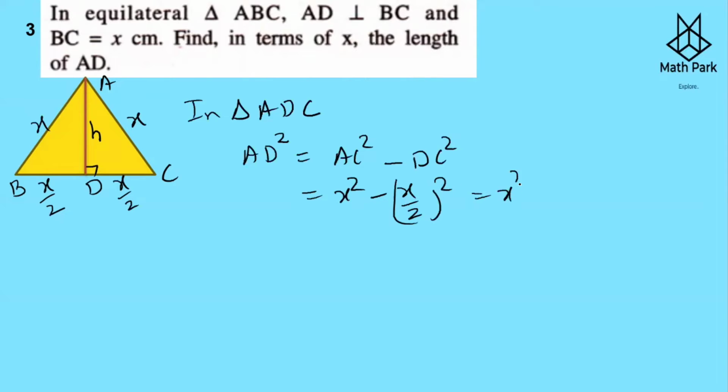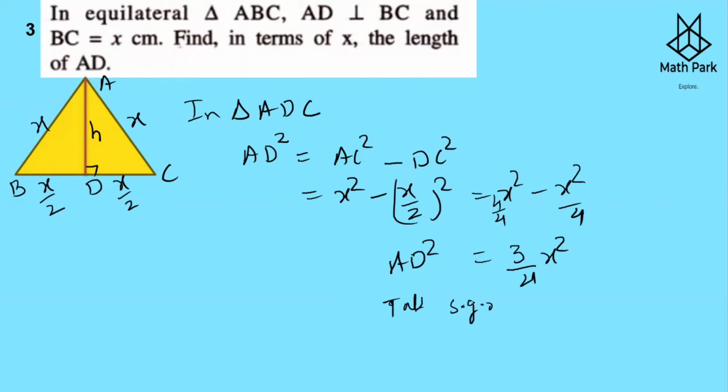So it is X square minus X square by 4. Take LCM. So for X square, you'll have to multiply by 4 and divide by 4 here. 4 minus 1, we get 3 by 4 X square. Now take square root. So taking square root, you get AD is equal to root 3 times X, root of 4 is 2. This is how we have found the length of AD in terms of X.